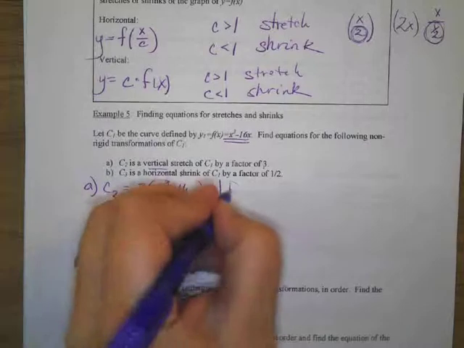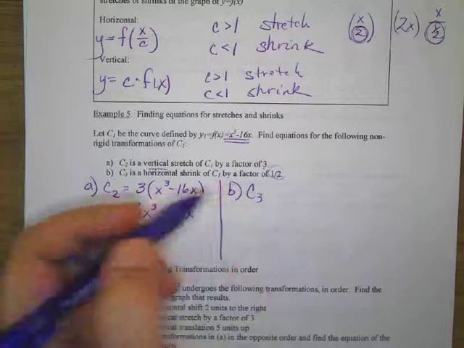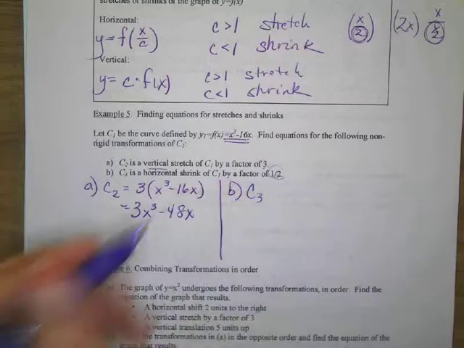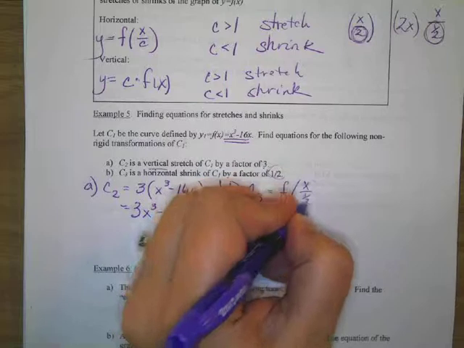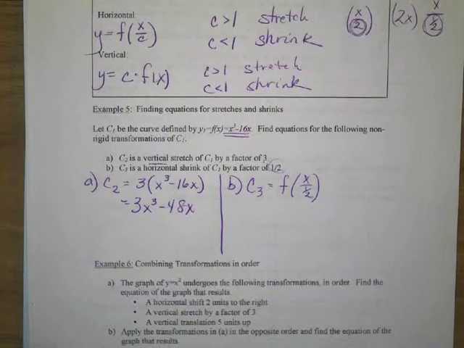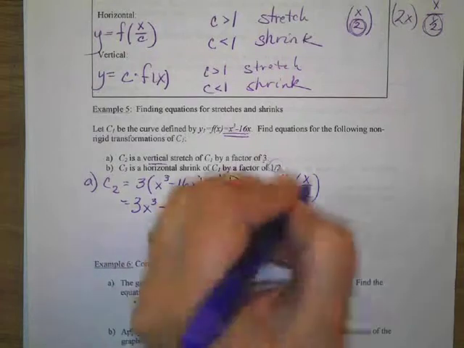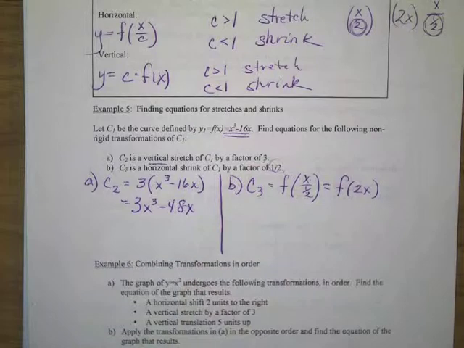And then for part B, they want us to do a horizontal shrink by a factor of a half. So the horizontal shrink, what that means is I'm going to take f and I'm going to go x divided by your c value. But instead of thinking of that as x divided by half, what's x divided by half look like? Looks like 2x. So I'm going to replace all my x's with a 2x.